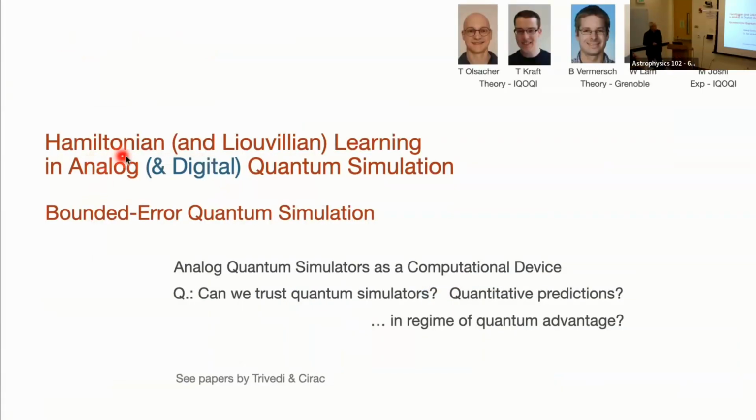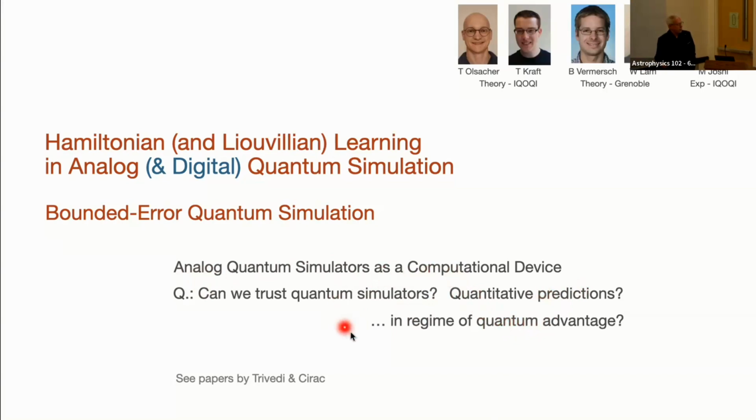So this takes me then to this topic. We're talking about Hamiltonian and Liouvillian learning and this bounded error quantum simulation. And the question is really the one: are quantum simulators, analog simulators, only good for seeing nice phenomena at a more qualitative level, or also as computational devices where we can trust the output, in the sense of making quantitative predictions using techniques or methods that apply eventually also in this regime of quantum advantage?